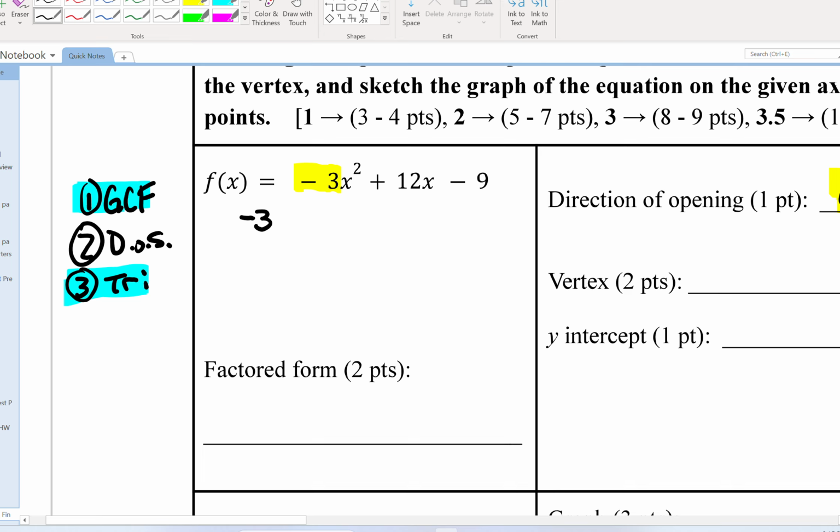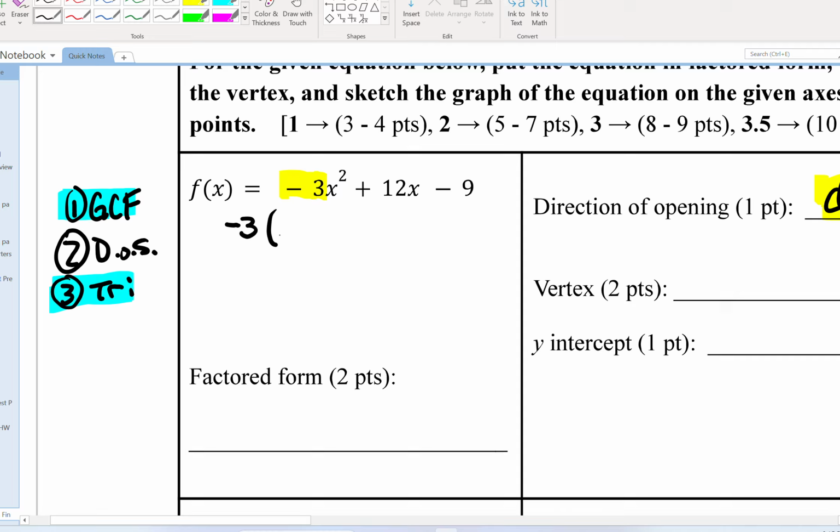I'm going to factor out -3. These are all multiples of 3, so I can factor 3 out of all of them. So that's going to be -3 times x squared. Now, as I do this, there's going to be 2 more terms here. I know that -3 times x squared would give me -3x squared. So that's good. Then I look at this step by step.